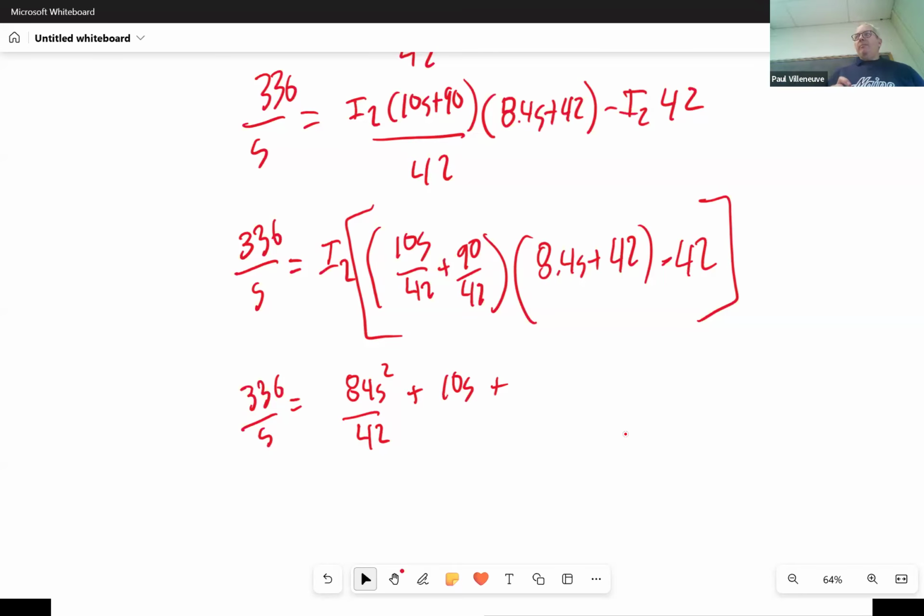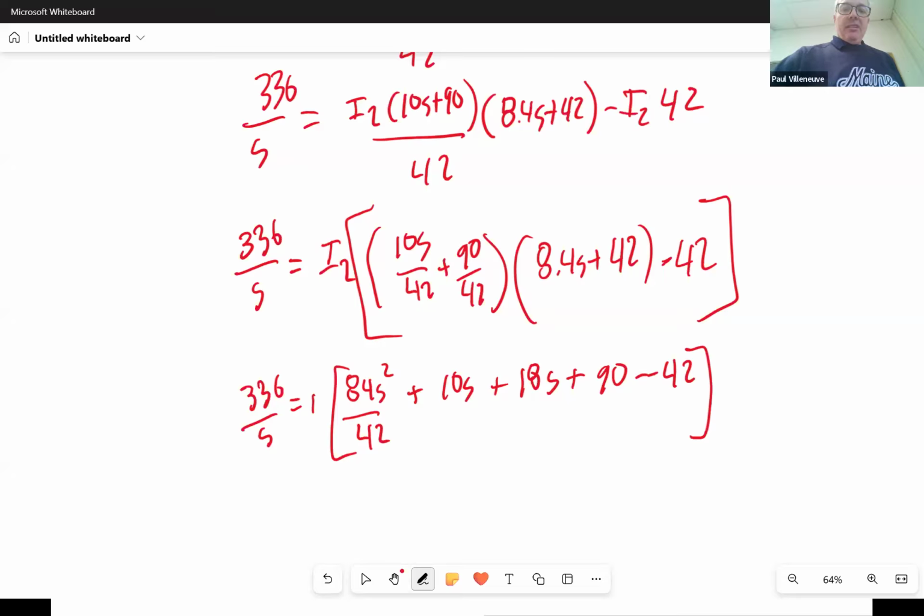So that would be 0.2 times 9, which I believe is 18S. And then last, all of that times I2. Everybody follow along with what I did there? Did I do it right? I did it kind of fast, but did I get it right?